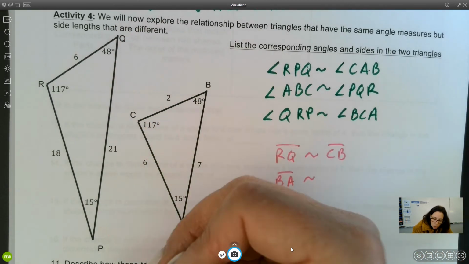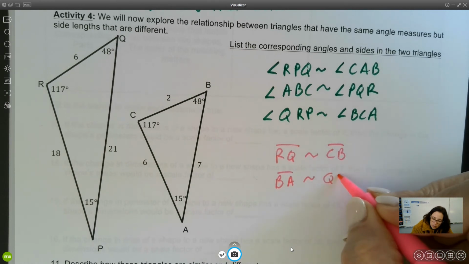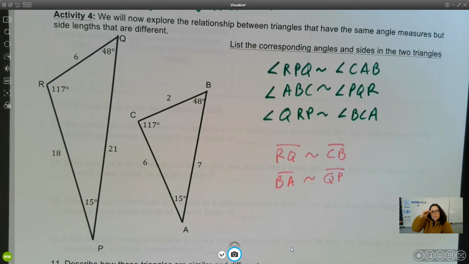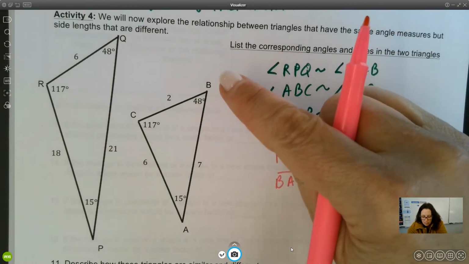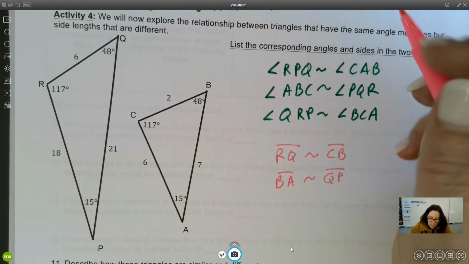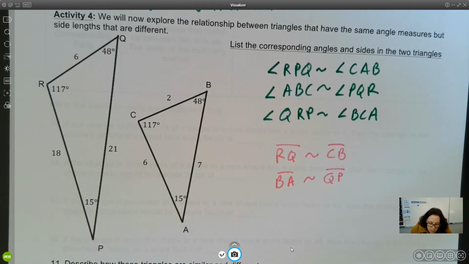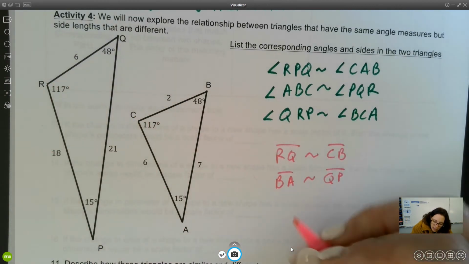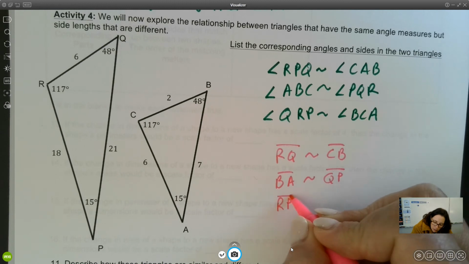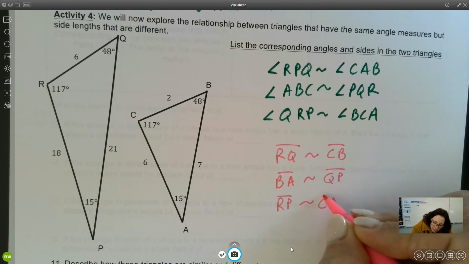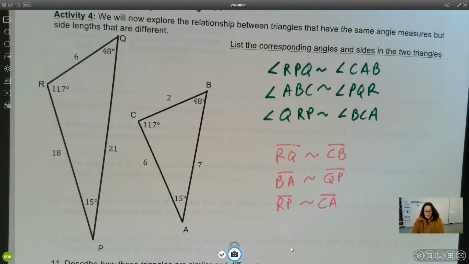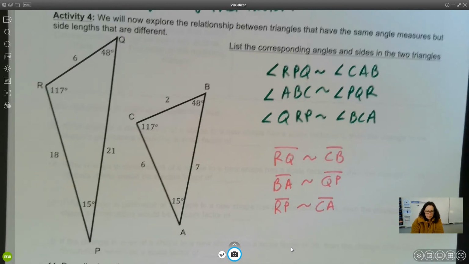BA goes with QP. Make sure you have a little segment bar above saying segment. And the last one we haven't talked about yet is RP and CA. Those are corresponding angles and corresponding sides.